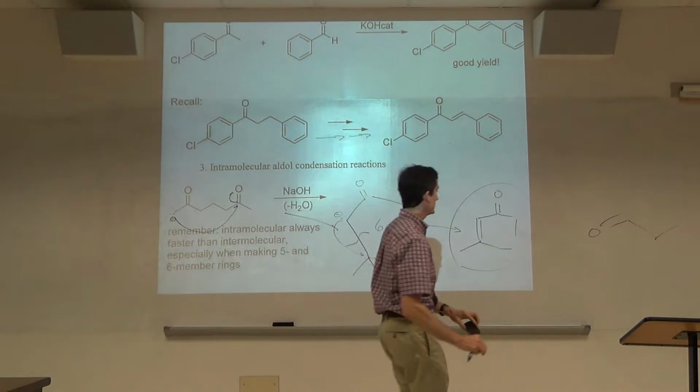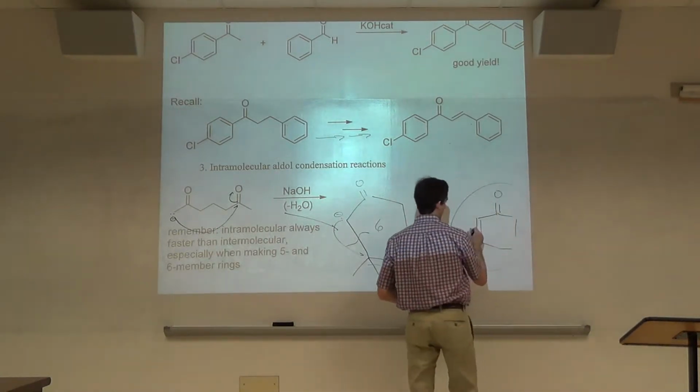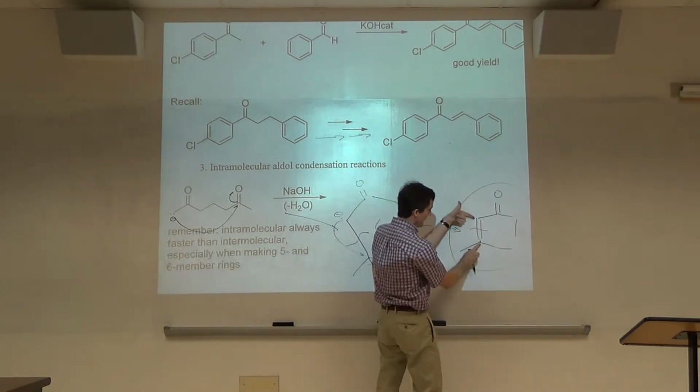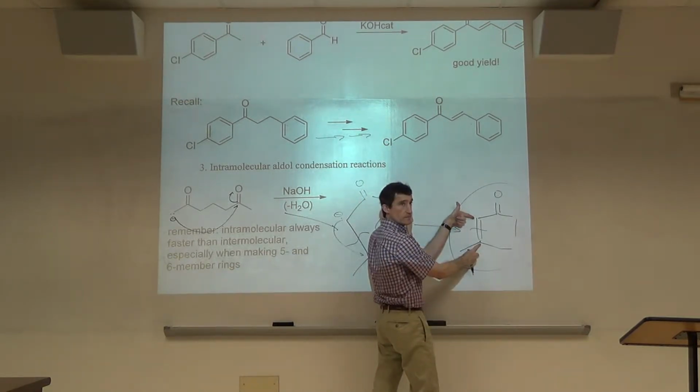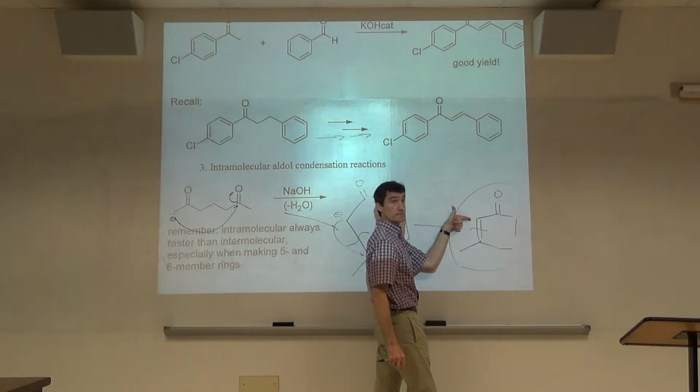If we go backwards, we can break these apart into enolate and carbonyl. Which carbon, top or bottom, is the enolate carbon? Top, the one next to the carbonyl. That's your enolate.